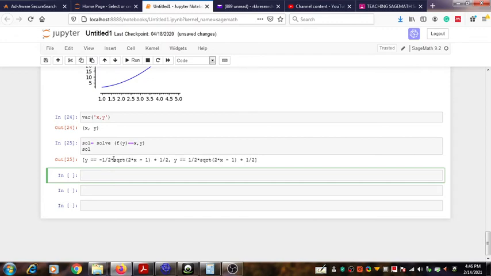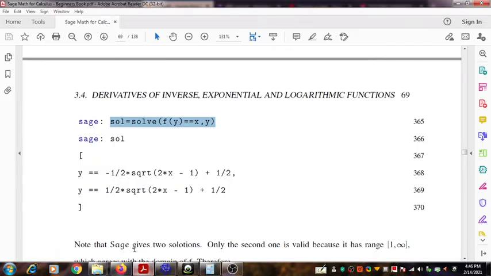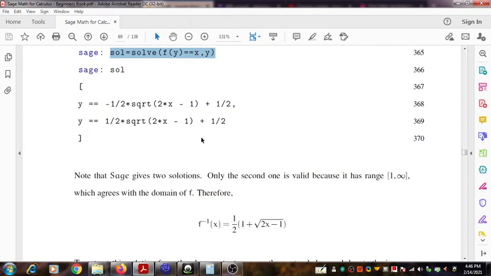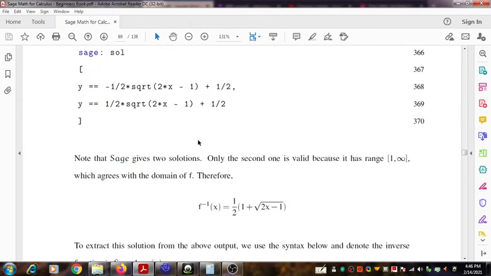We have obtained the value y equal to minus 1 by 2 into square root of 2x minus 1 plus 1 by 2, and the second y value equal to half of square root of 2x minus 1 plus 1 by 2. You can see that here also we have obtained the same quantities. Then our computation is correct.